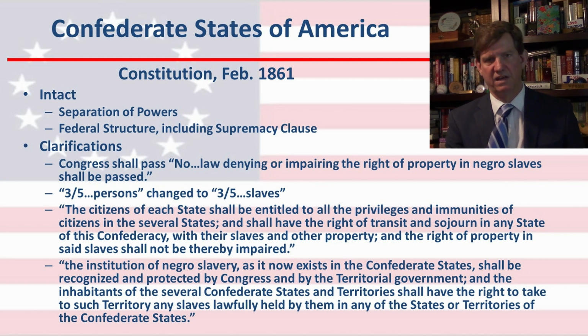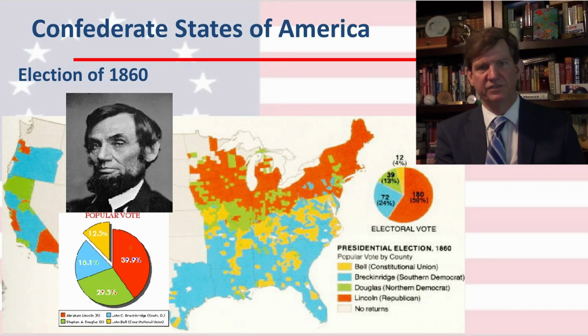The Confederate Constitution rewrote the American Constitution to protect the right of Euro-Americans to own slaves in their country. Regardless of what state they lived in, they could go anywhere and they would always enjoy the right to own slaves. Lincoln's election then in 1860 divided the country.